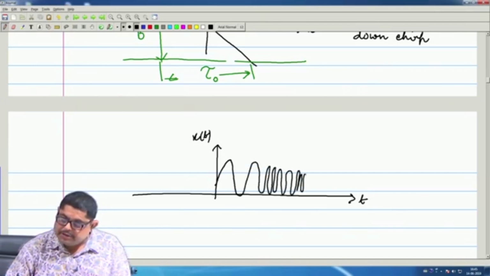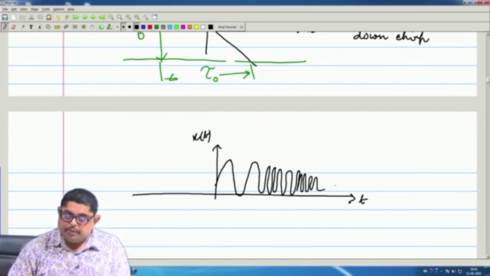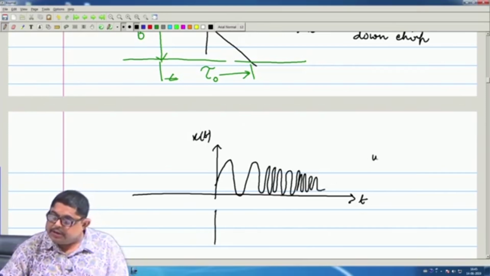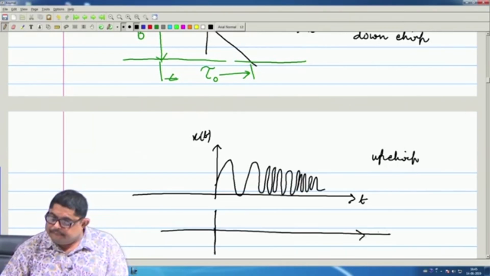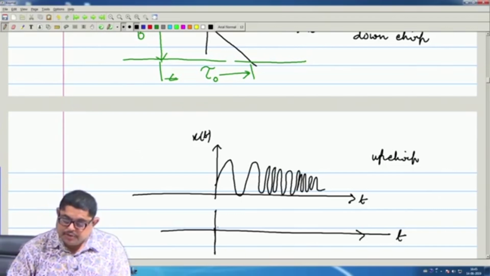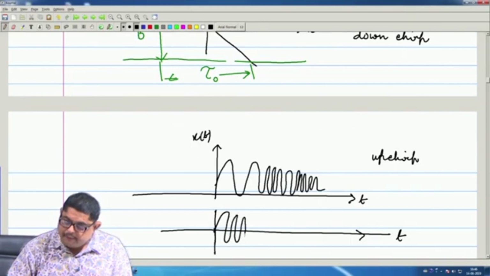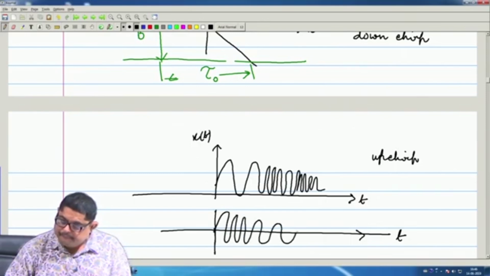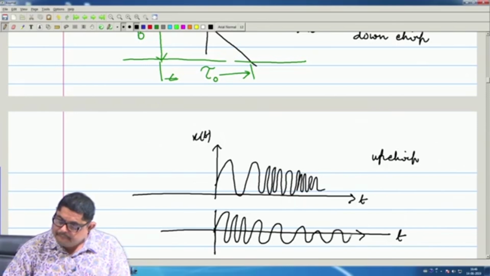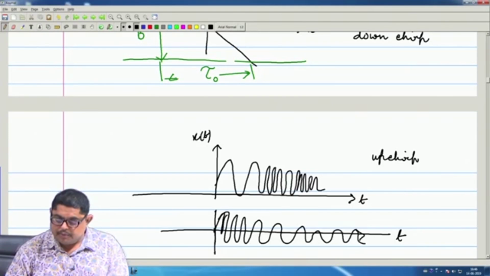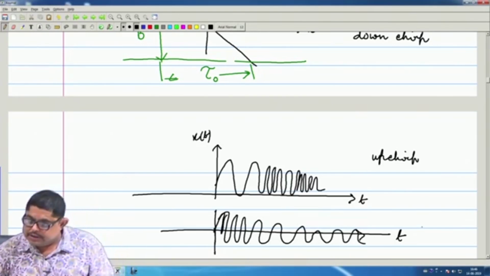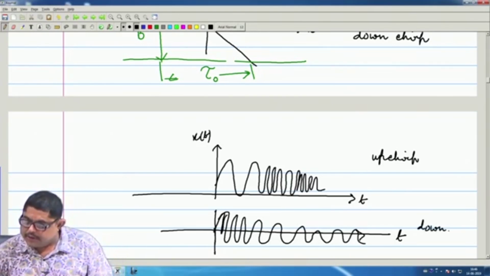That means the frequency is increasing with time, so this is my up chirp signal, and this is a down chirp signal.